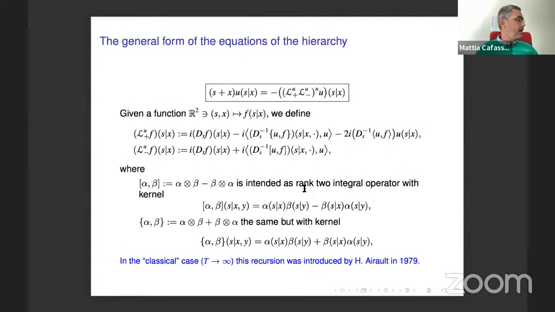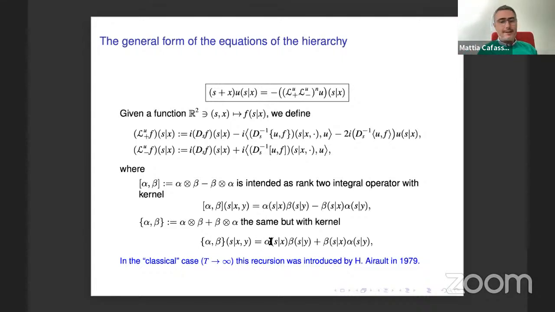And here I have a complicated slide that I don't want to speak about. The only thing that you have to retain from here is that when you have the classical Painlevé 2 hierarchy, you can pass from one member of the hierarchy to the other using a linear recursion. And here also we have a recursive way to go from one equation to the other.